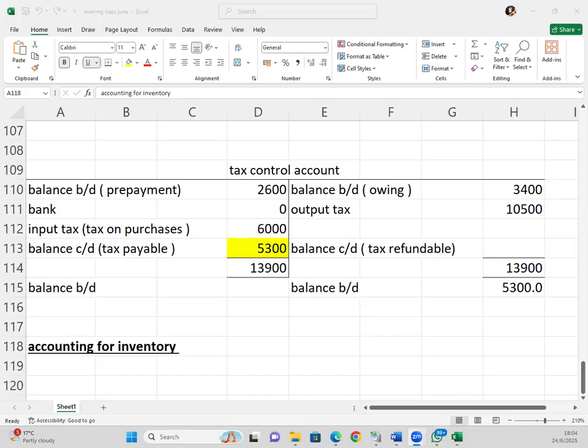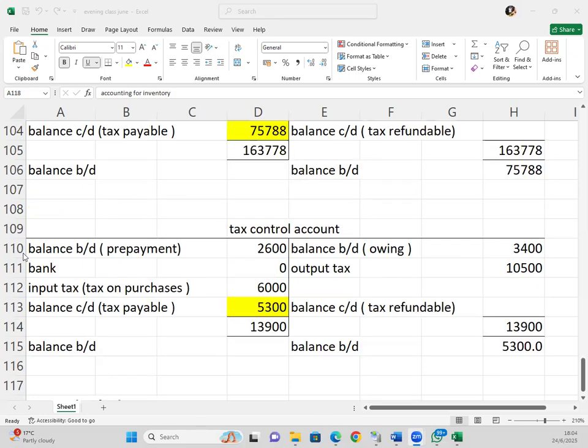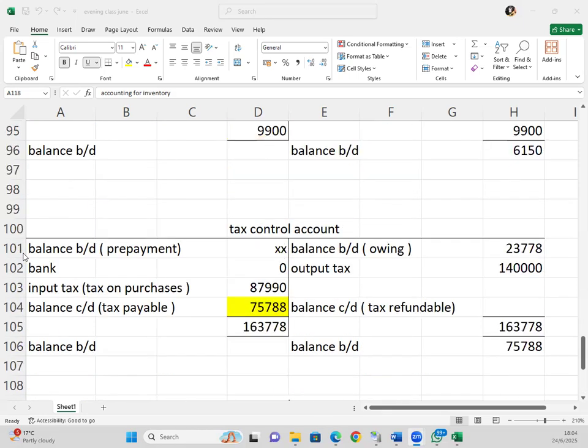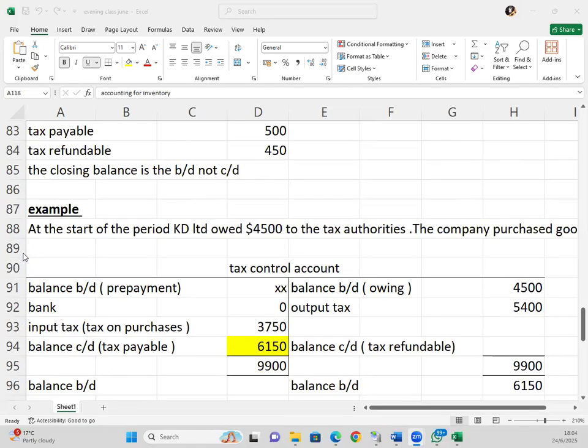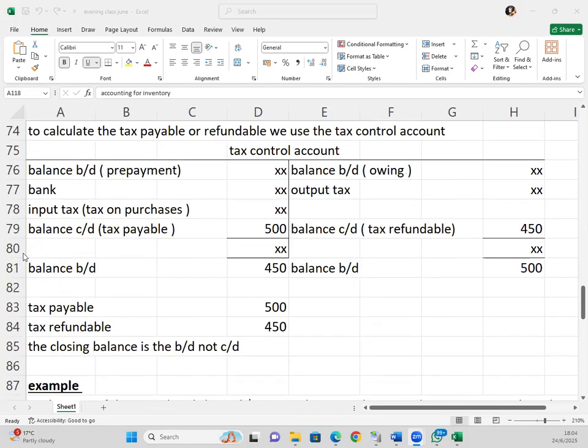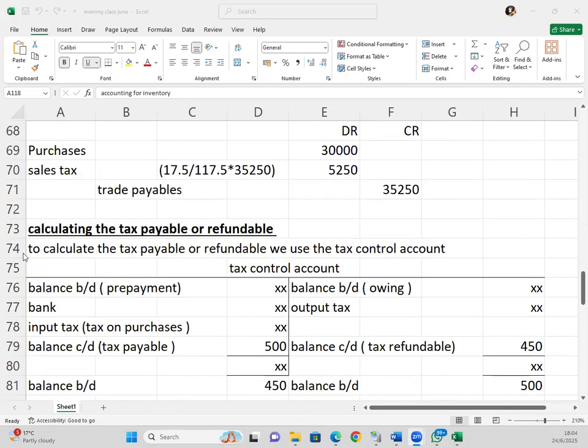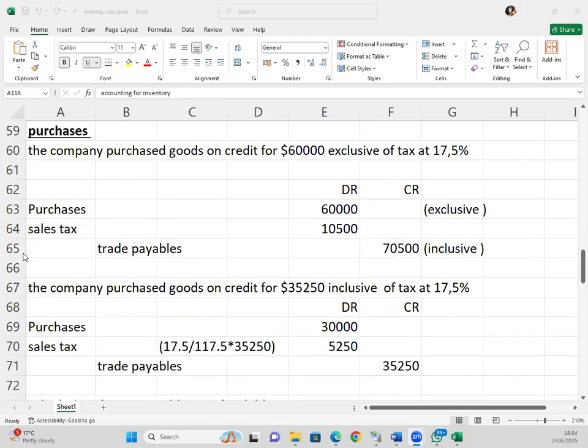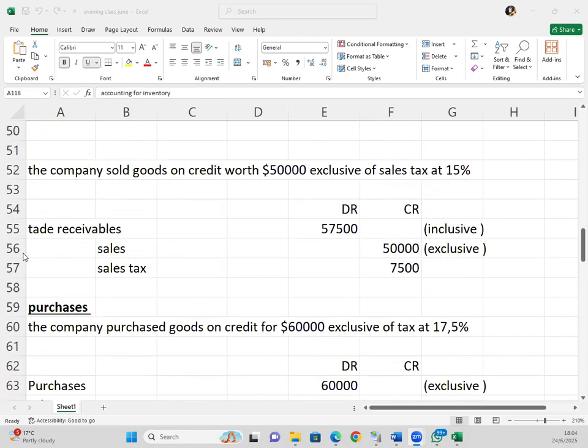Okay, so welcome to today's session. Today we are continuing from where we left in the last session. In our previous session, we talked about accounting for sales tax: the sales tax control account and the journal entries for sales tax.